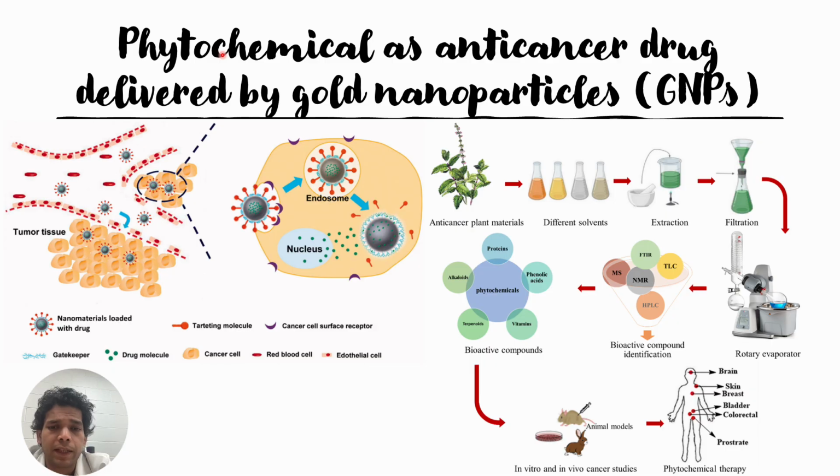These phytochemicals, as they are naturally occurring biochemicals, can be extracted through the process shown on the left-hand side of the figure. The anti-cancer plant can first be dissolved in different solvents to see which solvent is more suitable and keeps their biochemical functionality.